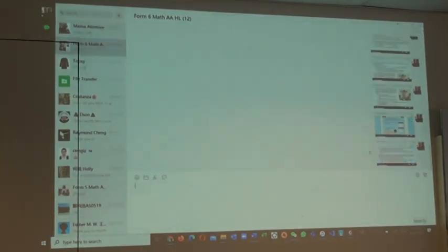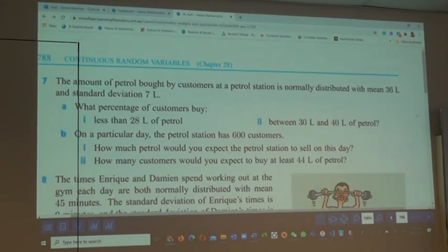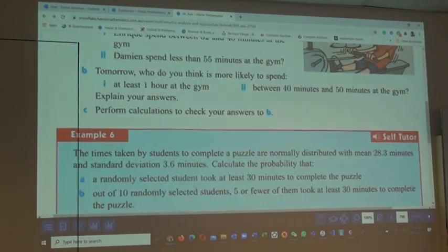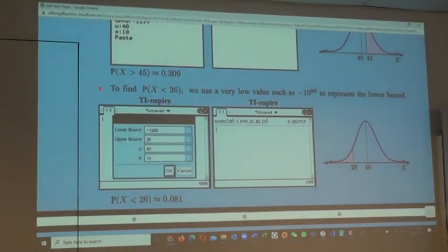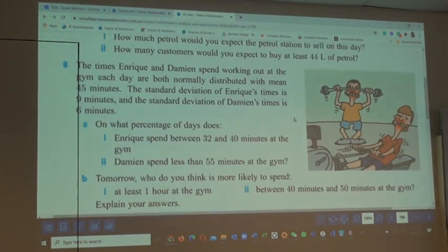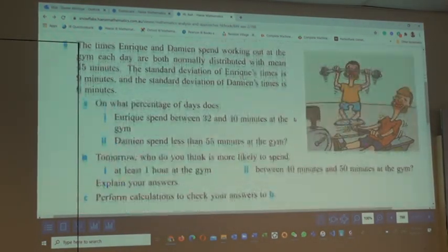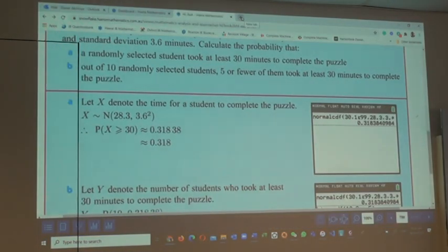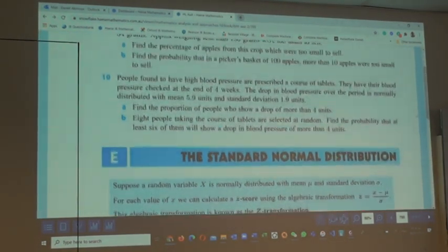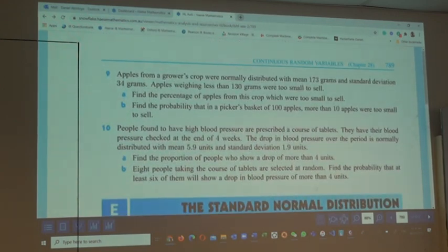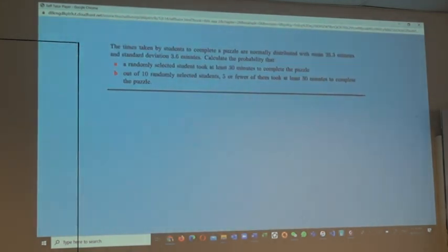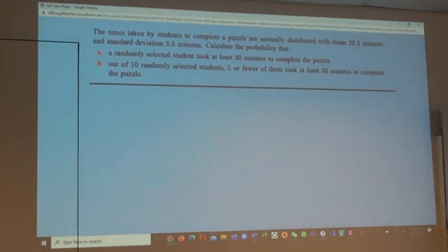Upper or top or lower? Lower. Upper. 62.5. 0.3. Mean 37. Lower bound 40. Upper bound. 10 power. 0.33.